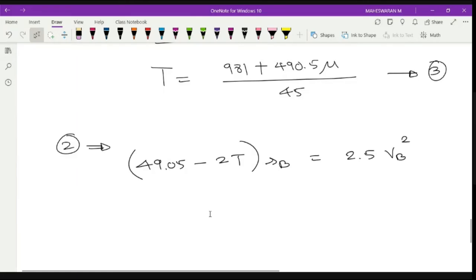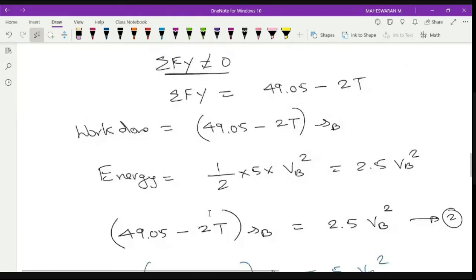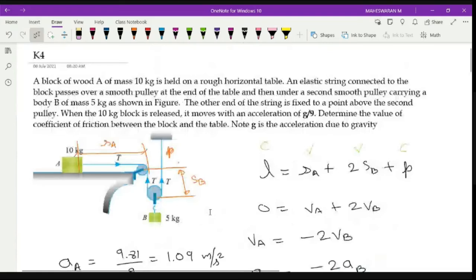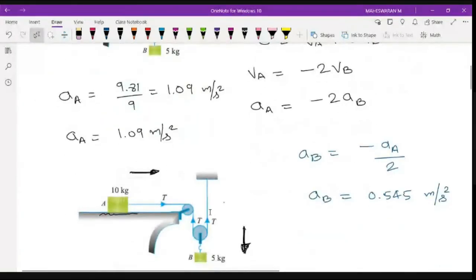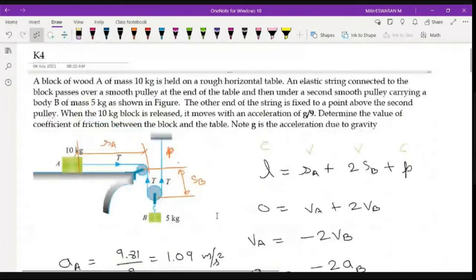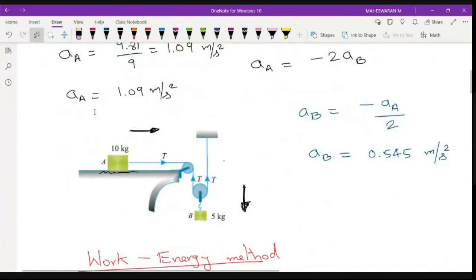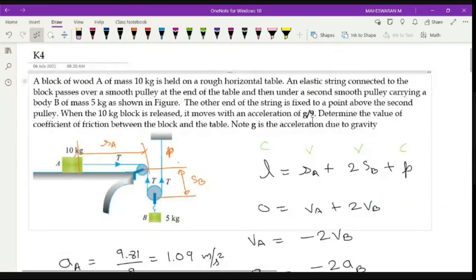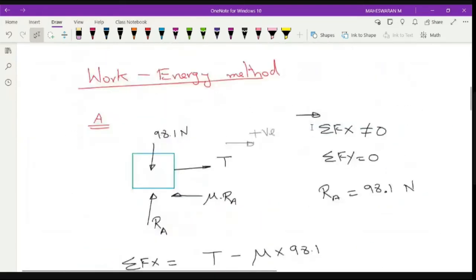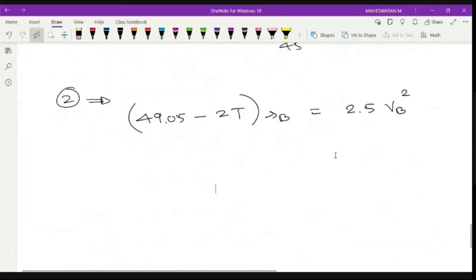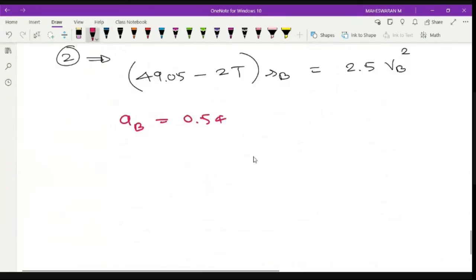So first let us identify the relation and the values with respect to that. At the beginning we identified the acceleration for A and B. Acceleration for block A is 1.09 and B is 0.545, because they mentioned it. Since we are solving equation 2, I am concentrating on block B, so acceleration for B is 0.545 meter per second square.